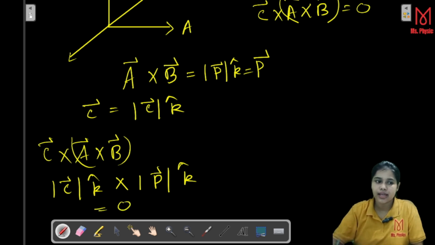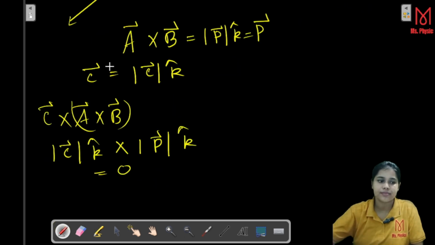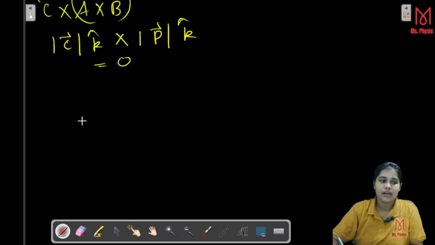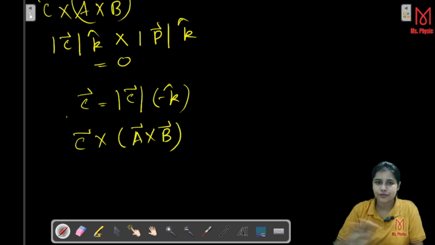Here is one way. And if C is in the negative Z direction, that means if we consider the C vector as mod of C, minus k cap, then also if I do the cross product, C cross A cross B, you just put in the expressions. Don't have to think too much.